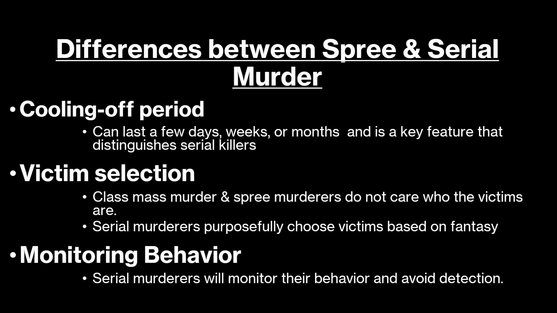Cooling off period leads me into some of the major differences between spree and serial murder. Cooling off period essentially means that the offender took a break. This break can last a few days, a few weeks, a few months, but it is the key characteristic that distinguishes a spree murderer from a serial murderer.